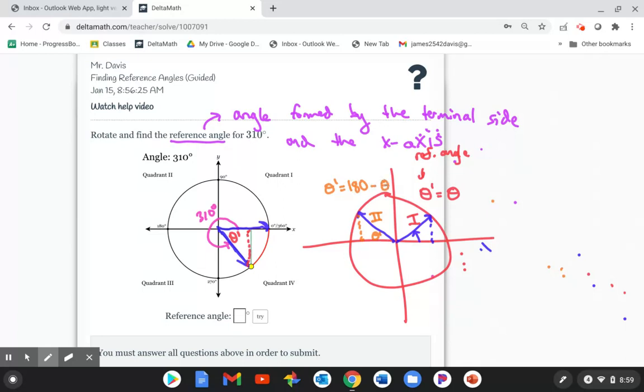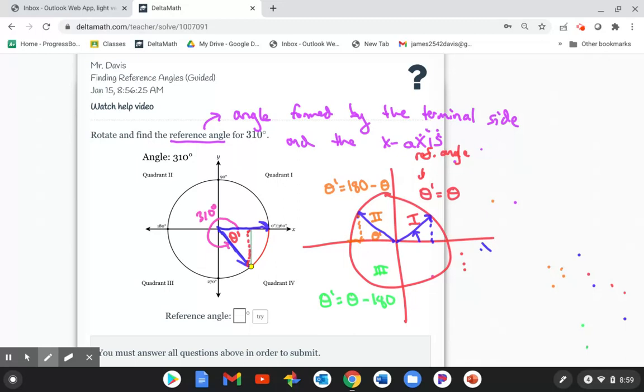It's like going up to half the circle, and then we subtract out everything over here, so we're left with that little gap. So 180 minus theta. If we're in the third quadrant, our formula is theta prime equals theta minus 180.